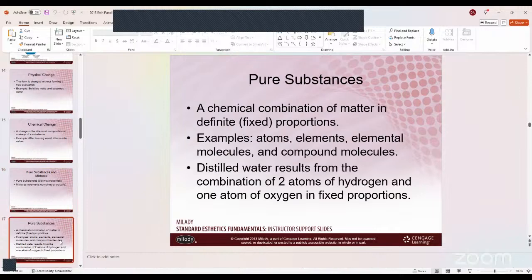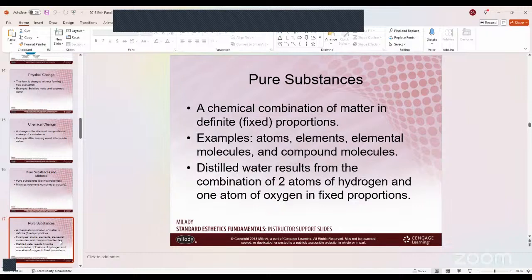Pure substances are a chemical combination of matter in definite fixed proportions. We have some examples: atoms, elements, elemental molecules, and compound molecules. We look at distilled water. It results from the combination of 2 atoms of hydrogen and 1 atom of oxygen in fixed proportions.